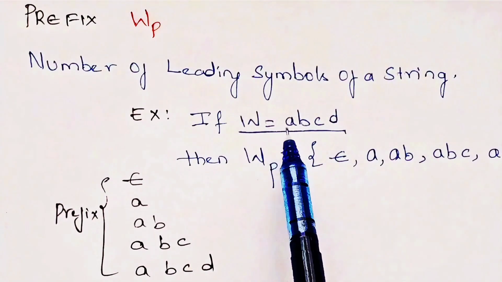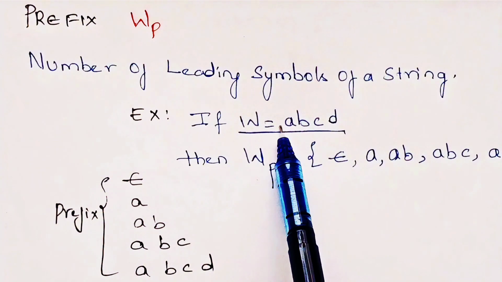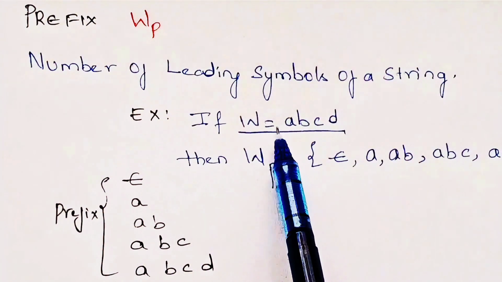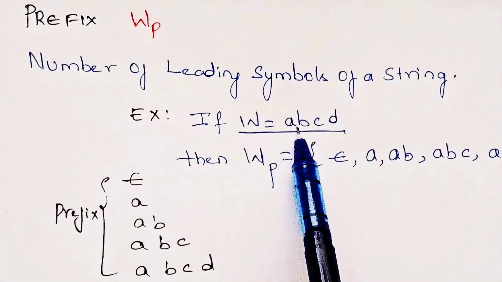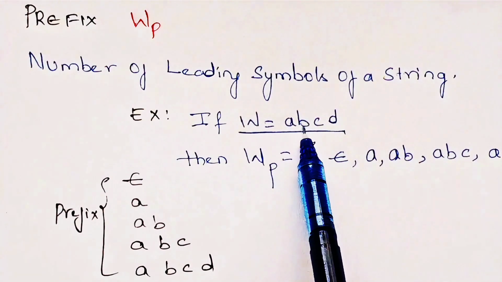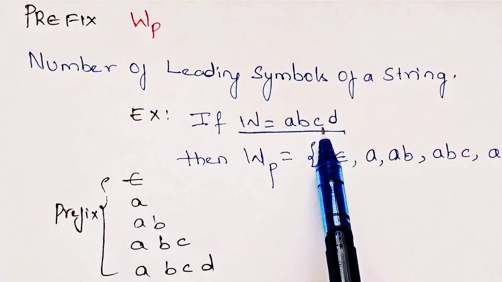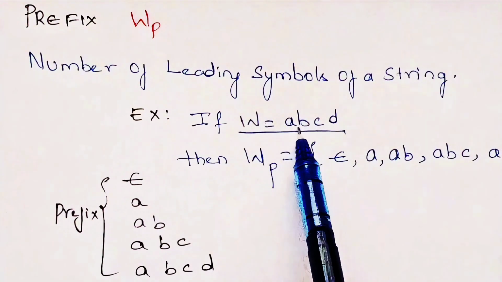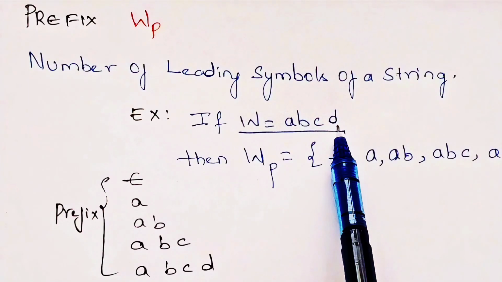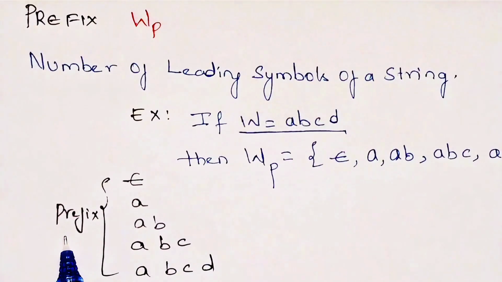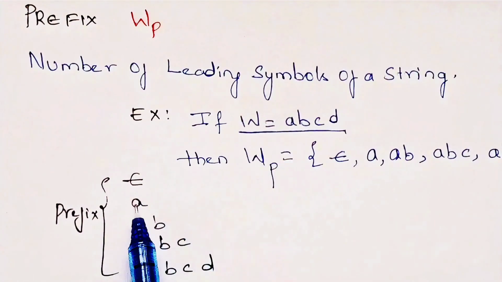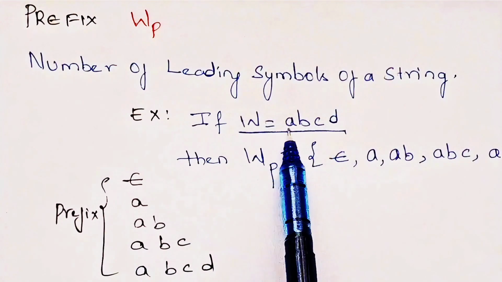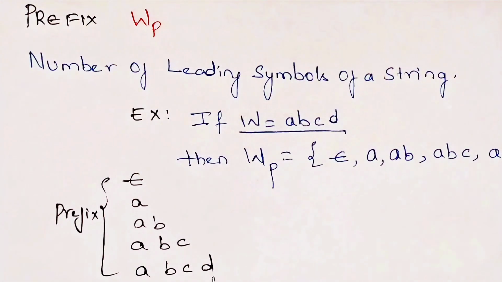Here, if we observe, the possible prefixes are the empty string epsilon, the first string with a single character a, the next string with two characters ab, the third string with three characters abc, and the fourth string, the string itself, abcd.